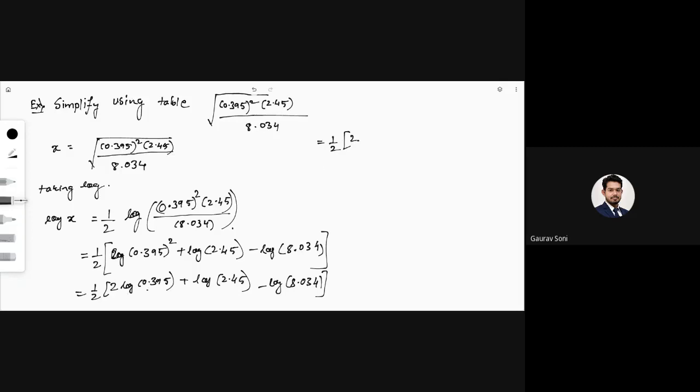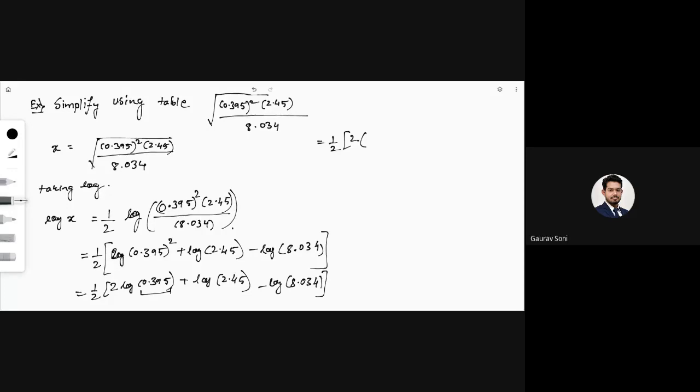So log of 0.395, this number is between 0 and 1. So what is the characteristic here going to be? If the number is between 0 and 1, you look at the number of zeros after the decimal point plus 1. That will be the characteristic with negative sign.